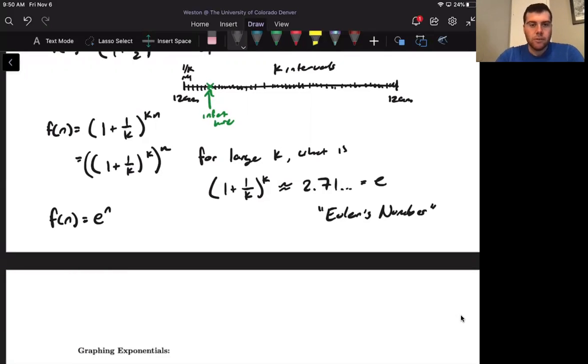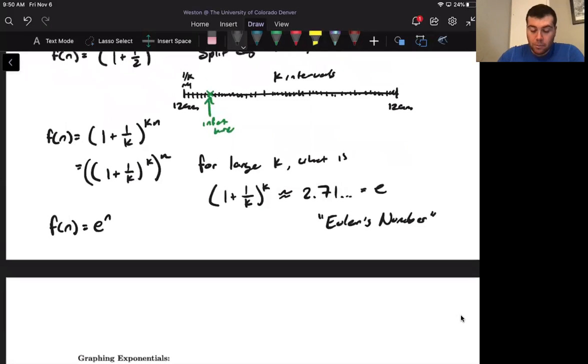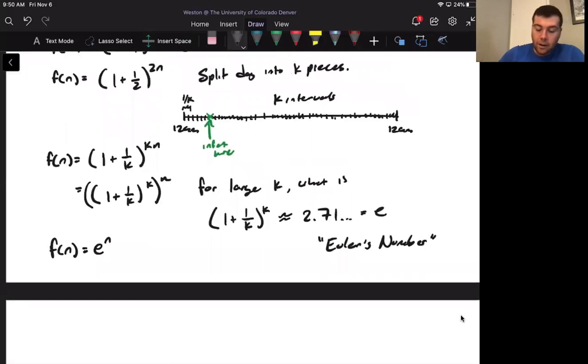It's a little confusing that this e came out, but essentially the idea is that we're looking at how it changes as we look at more and more intervals of time, because it's taking into account the fact that you could infect someone early in the day, and then that person could go out and start infecting people.